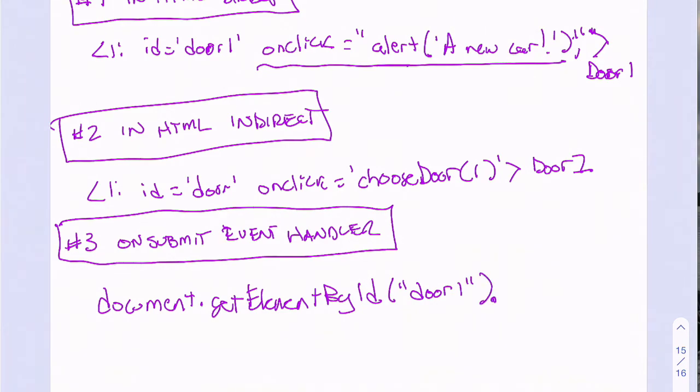And if you say dot onsubmit, that says get me the event handler for a click on the door. So if you click on the door, this event handler will get executed. And we're going to say that's equal to choose door.